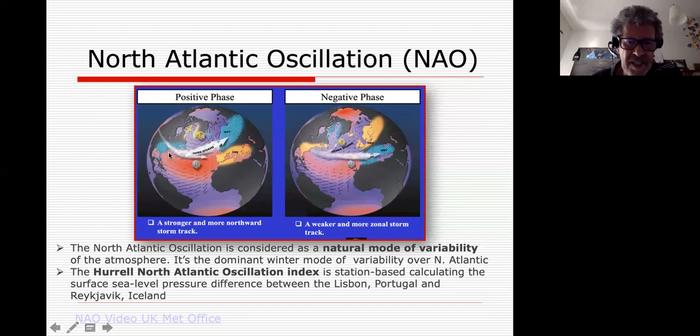Changing the pressure gradient, the storms that cross the Atlantic change the pattern and go northward, where you have great wet conditions, and little goes on the Mediterranean area that gets dry, and this high pressure also intensifies trade winds and westerlies, while when you go in the negative phase, we have weaker and more zonal storm tracks that influence the Mediterranean area, while Northern Europe gets drier.